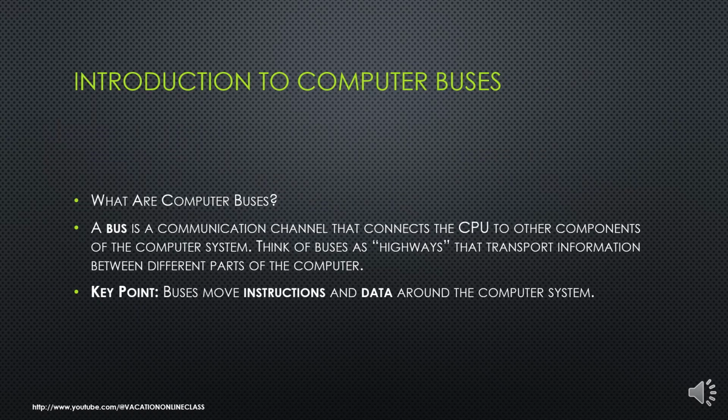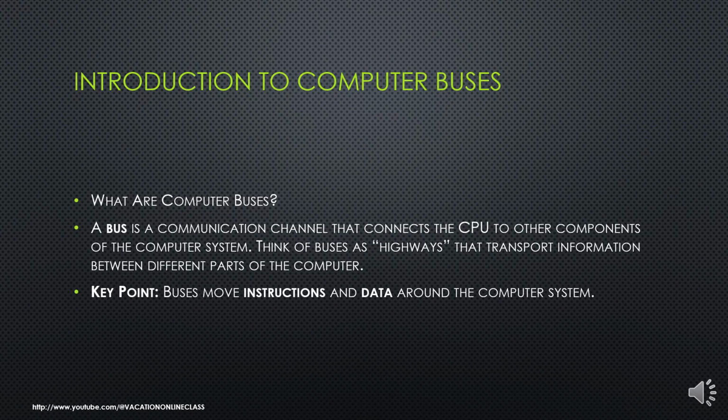So what exactly are computer buses? In the simplest terms, a bus is a communication channel, a physical set of parallel wires or optical paths that connects the CPU to every other component in the system.